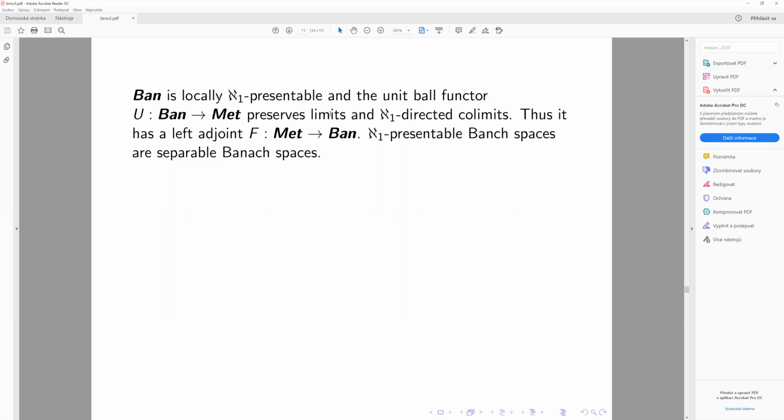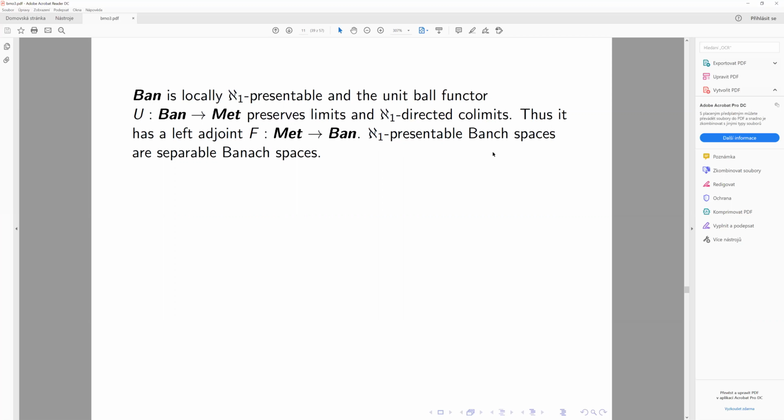This is because otherwise the usual forgetful functor doesn't preserve limits. So one has the unit ball functor which preserves limits and relevant directed colimits. In fact, it even preserves directed colimits. And that's enough to show that it has a left adjoint, because both categories are locally presentable and this functor preserves limits and is accessible. So one has a left adjoint.